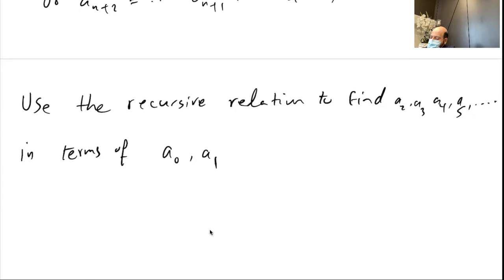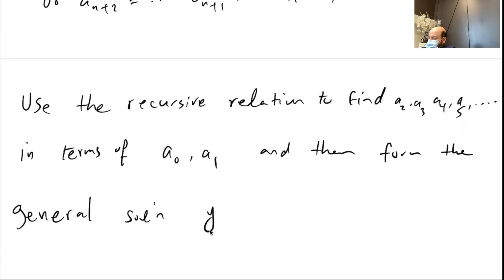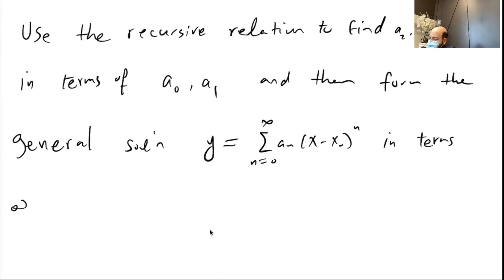To find this in terms of A0 and A1, and then construct or form the general solution y equals sigma an (x minus x naught) to the power n, from 0 to infinity, in terms of arbitrary constants A0 and A1.